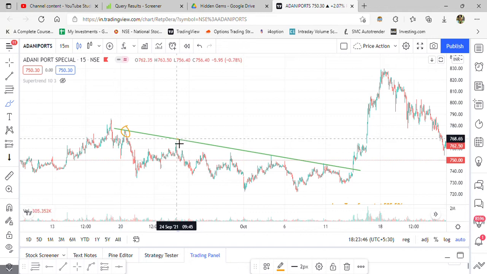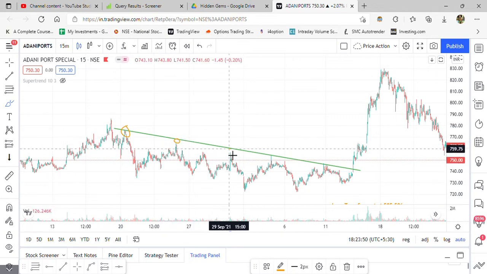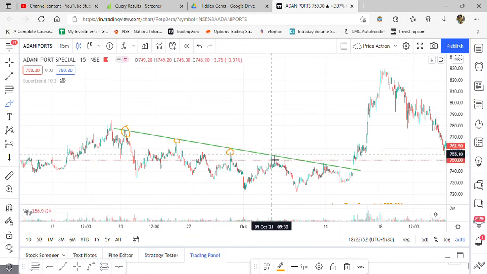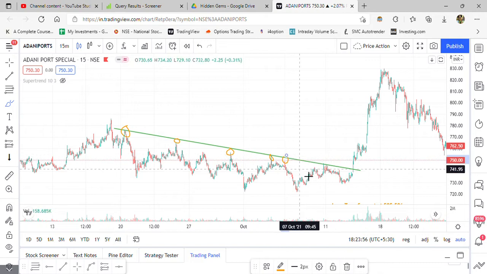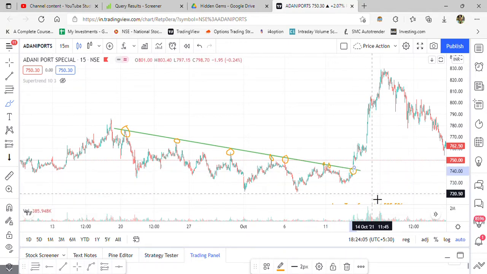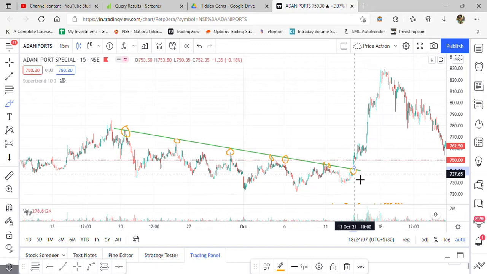It tried somewhat here also, but could not go up. One more try here, somewhat here also, two tries here, and finally after 4 to 5 tries the stock gave a good breakout.